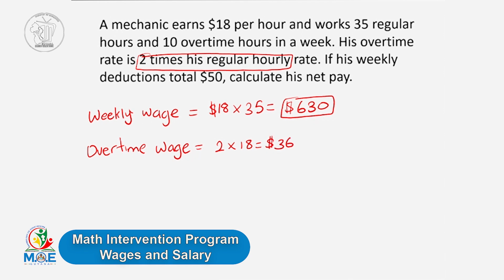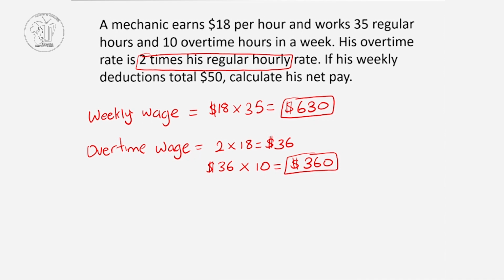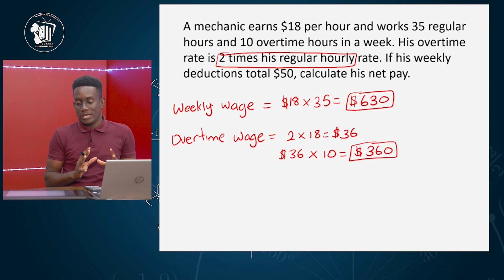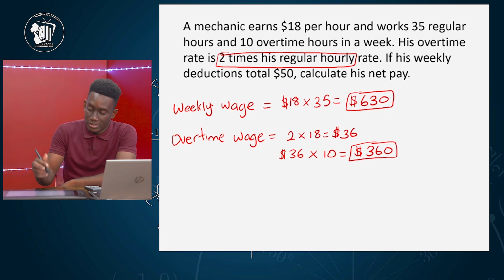So his overtime wage would be the $36 that he makes per hour multiplied by the amount of hours in overtime that he works, which would be 10. So this would give us a total of $360 in overtime wage. So to find his net pay, we add up his overtime wage plus his weekly wage, and then we subtract the deductions.